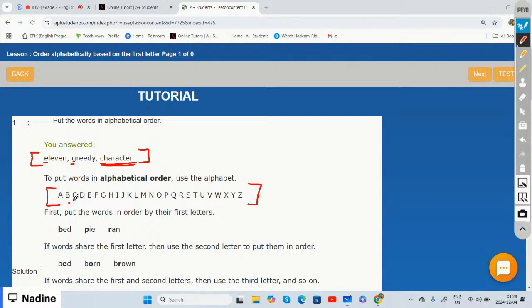It comes before E. So character is the first word.